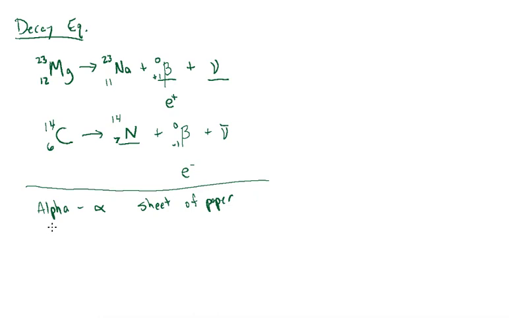For a beta particle, beta emission, you just need a few millimeters of aluminum.